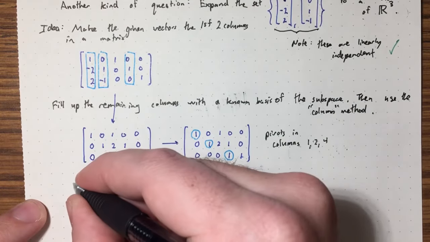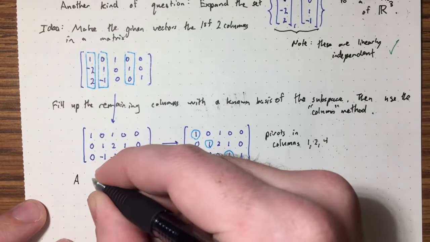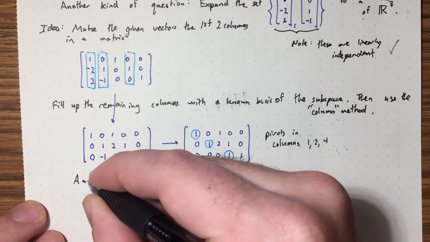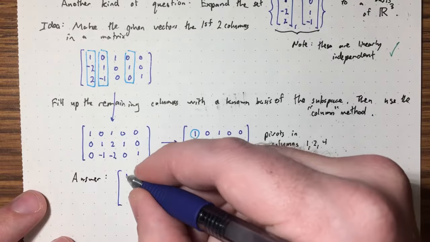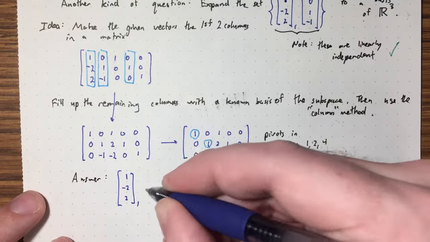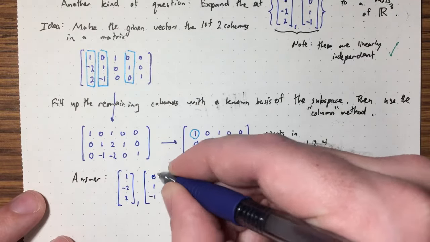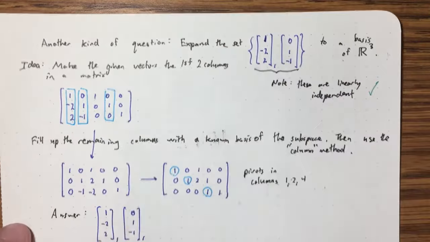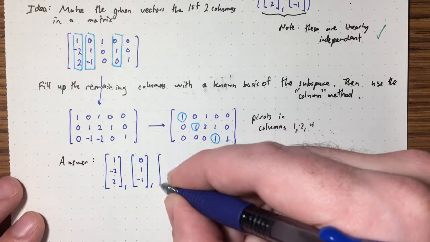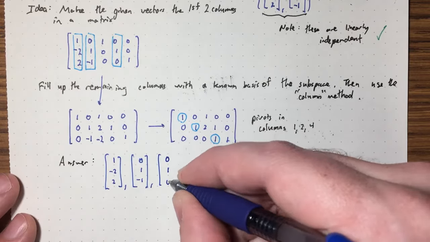So the answer, one possible answer, is we have these 2 vectors, right? They're the ones we started with. That's what we wanted. We wanted to expand a set. We didn't want to get rid of these. That's why we use that column method. And then we also have to add this one.